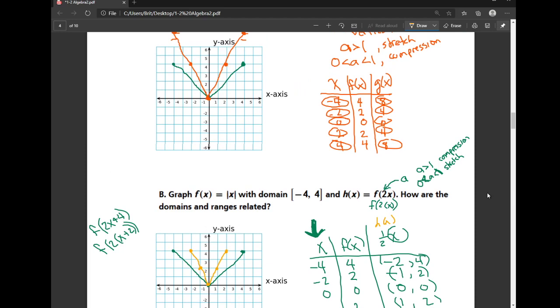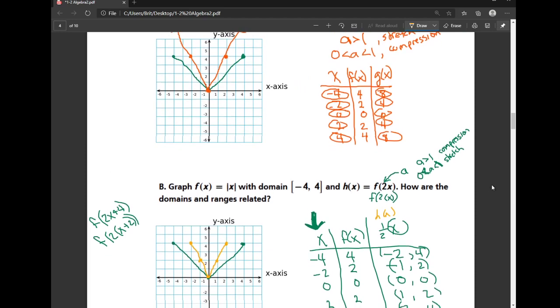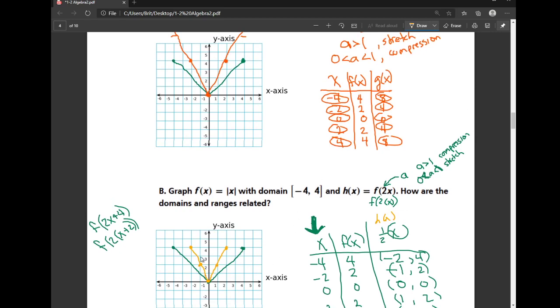What do you see? Do you see that some of these points are still the same? That the same general shape is there as when I did a vertical stretch? Often with a lot of our graphs, horizontal stretches and compressions look the same as vertical stretches or compressions. It's just a little bit of a difference here, and they're kind of inverted, right?